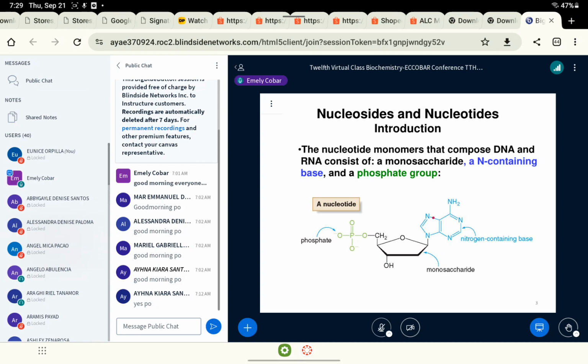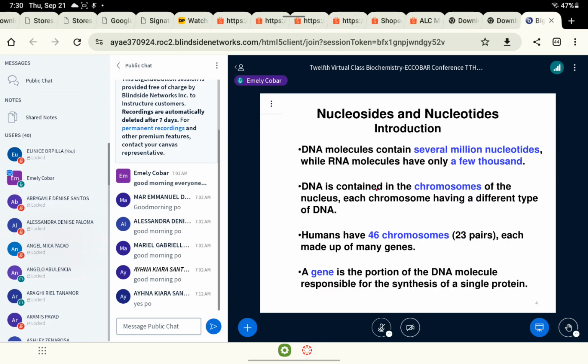And there are different types of these nitrogenous bases. And then on the left side of the aldopentose, the monosaccharide, which is ribose, by the way, five carbons, you have another component which is a phosphate group, and the phosphate group is attached to the fifth carbon of the monosaccharide. So one like this is a nucleotide.